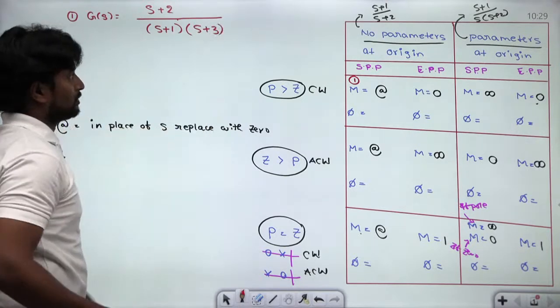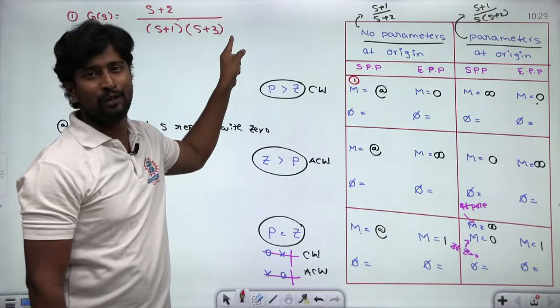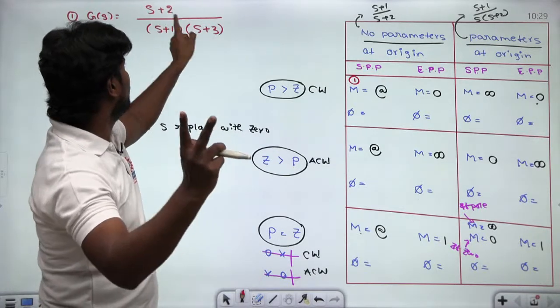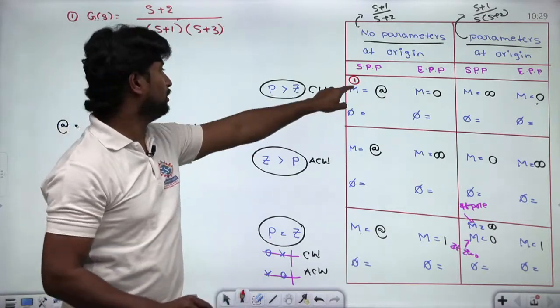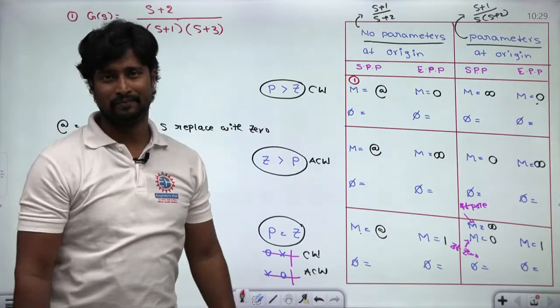Are you clear? Check once. No pole at the origin, no zero at the origin, and the number of poles is 2 and the number of zeros is 1. That means poles are dominating, zeros are not. So for the first case, this is the example. This is only one example; you have a lot of examples.